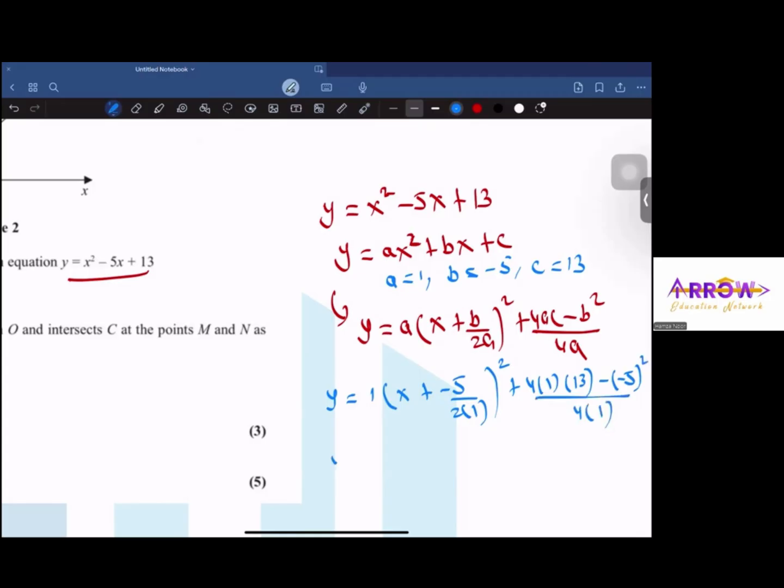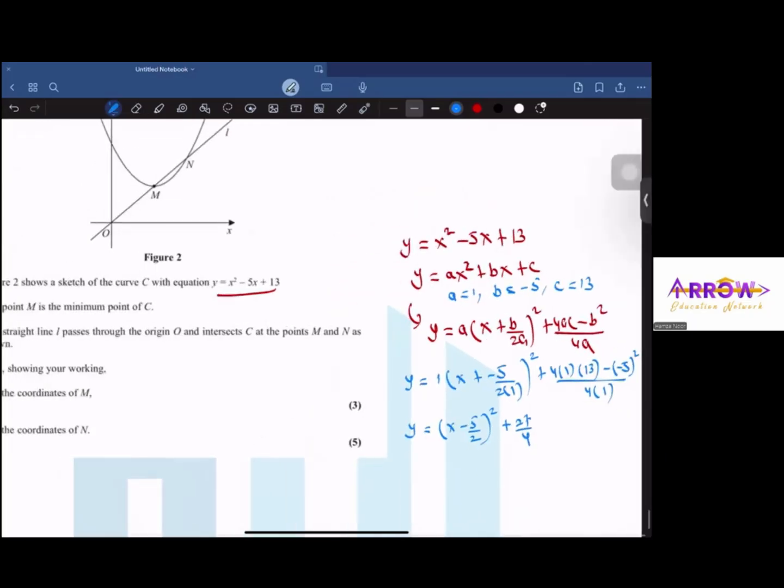So what we get is y equals (x minus 5 over 2) whole squared, and just evaluate the value of 4ac minus b squared over 4a. So 4 times 1 times 13 minus 25 divided by 4, which is positive 27 over 4. All right, we have the completing square form over here.